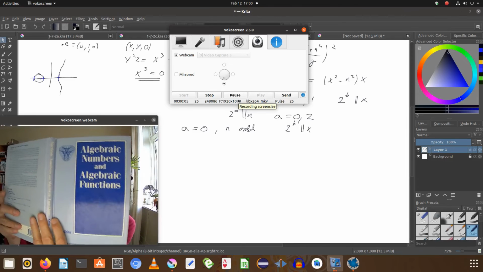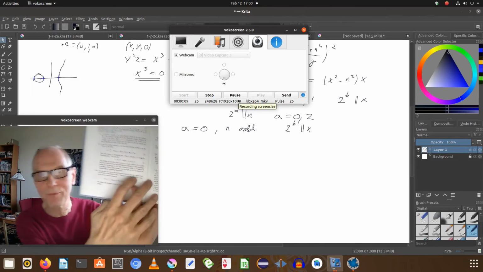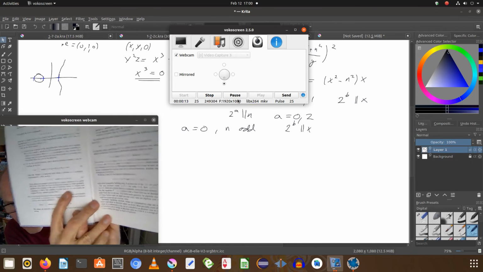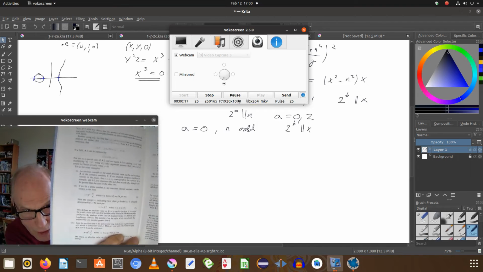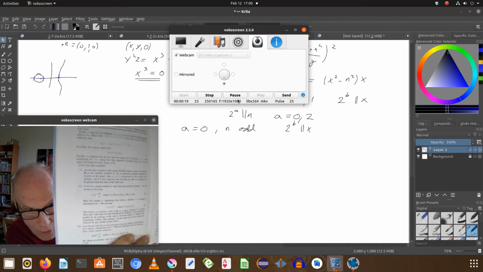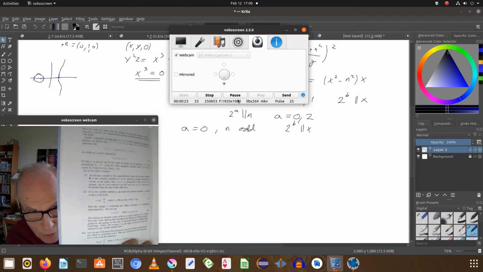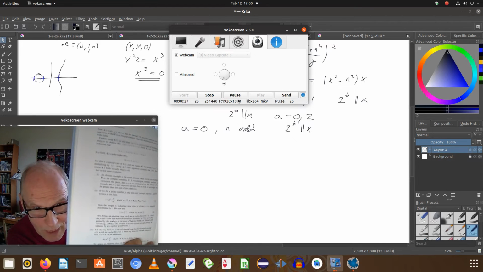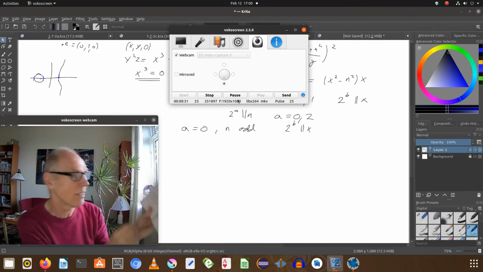This is the book, and here it defines it. It's on the left side. So there we've got it. The absolute value is 2 minus the number of times the prime factor occurs in the rational number.